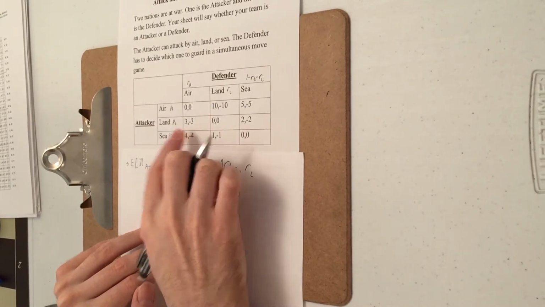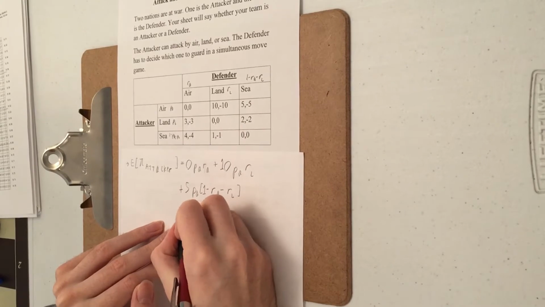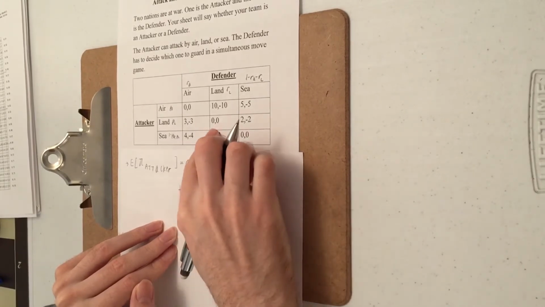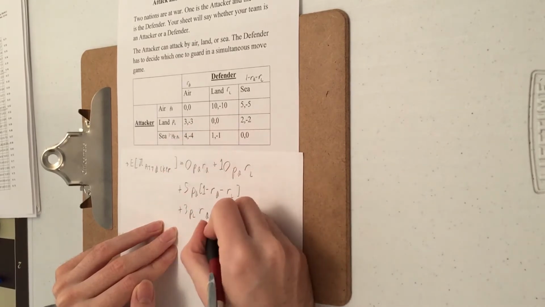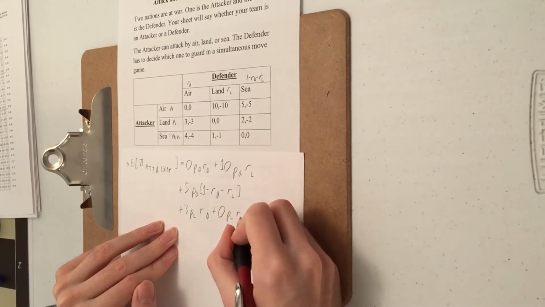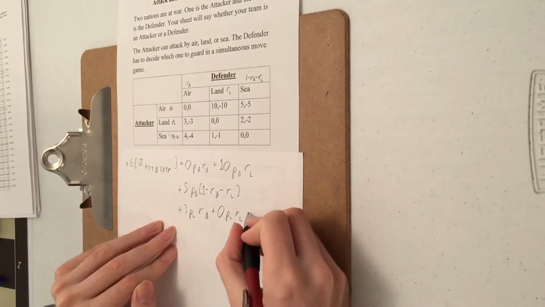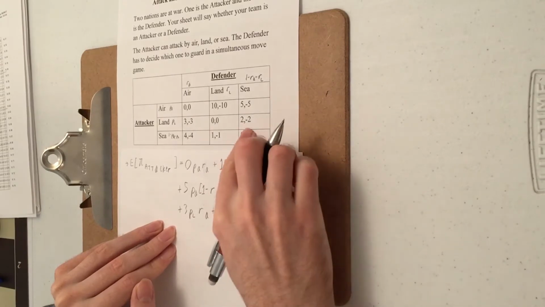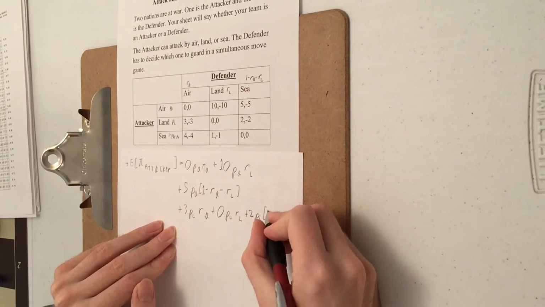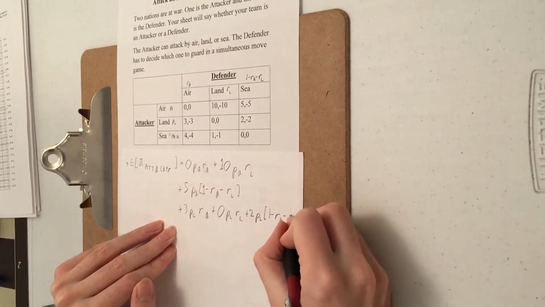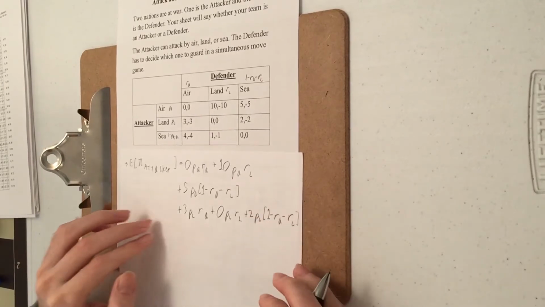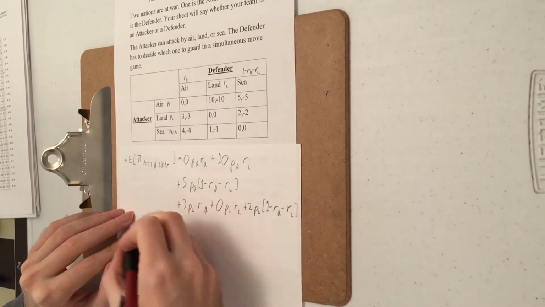We're over here getting 3 with probability PL times RA. This just gives us 0, so 0 times PL times RL. I get 2 with probability PL times 1 minus RA minus RL. Last row.